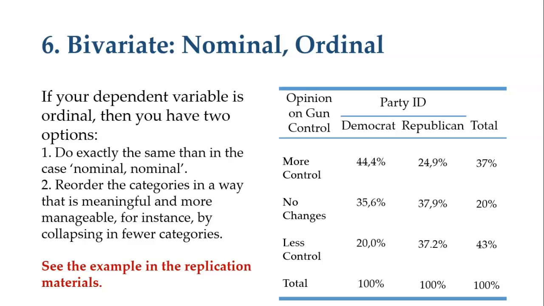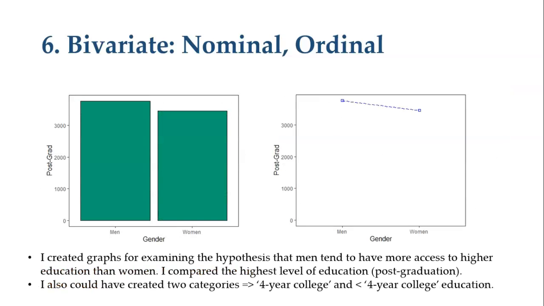You can go to the replication materials and you're going to find how I did it with the ordinal, with a nominal ordinal kind of graph. I created these two, the bar graph and the line graph. I wanted to examine if there's a difference between men and women in terms of access to higher education.